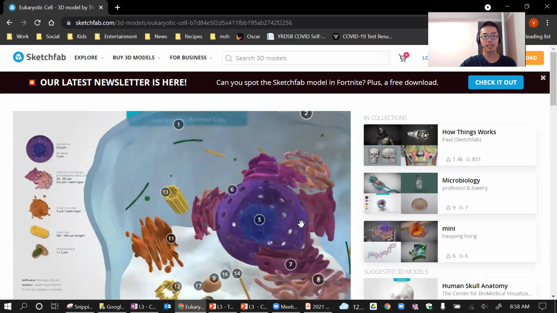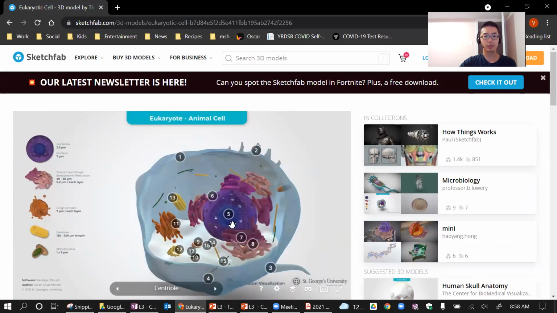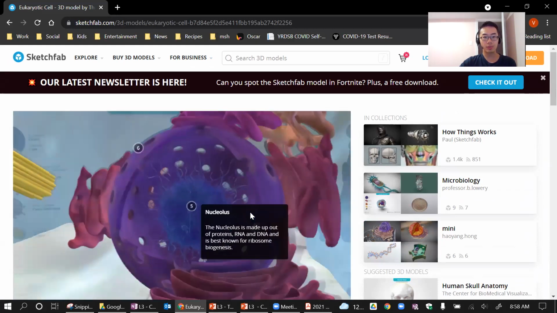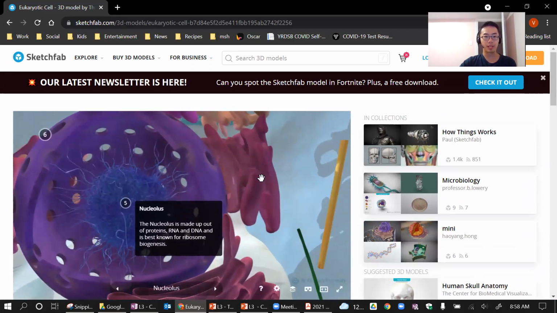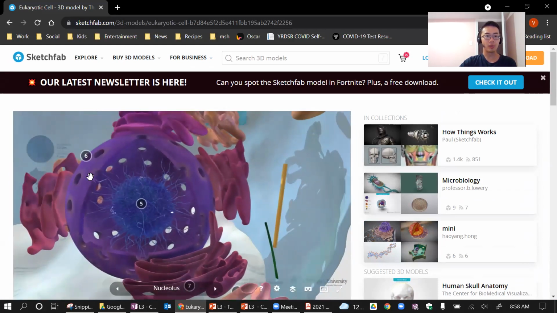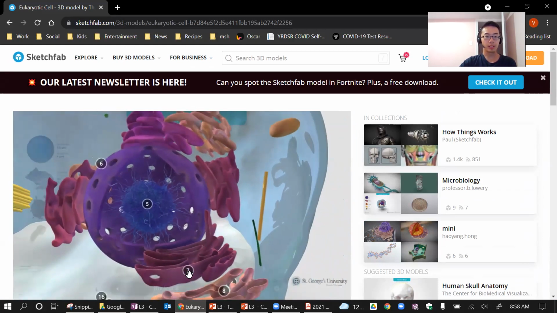Okay, so here you can see this is the cell, right? And you have the nucleus in the center, and around the nucleus you will see there are all these membranes, right? These purple ones here, that's the rough endoplasmic reticulum that we are talking about.